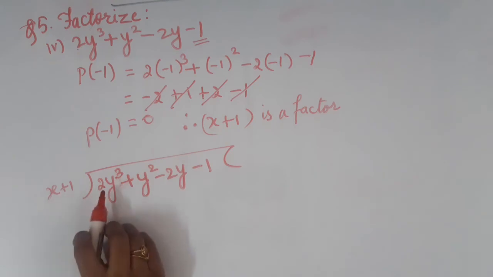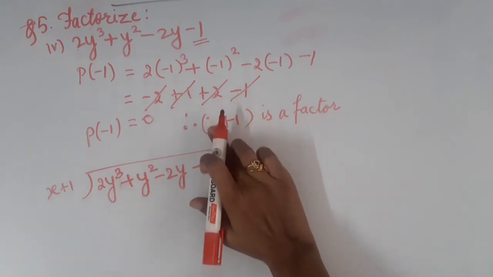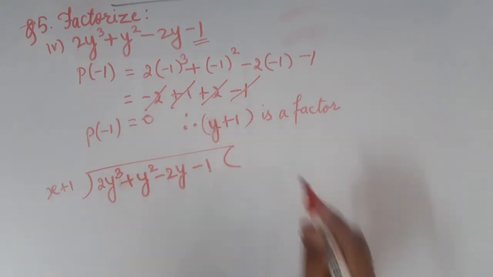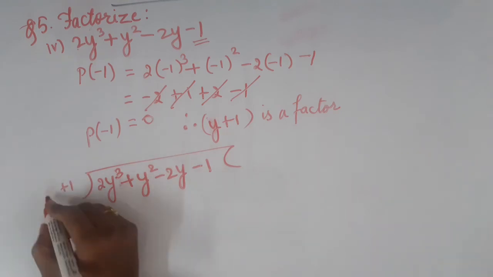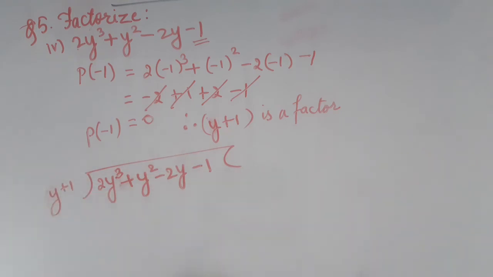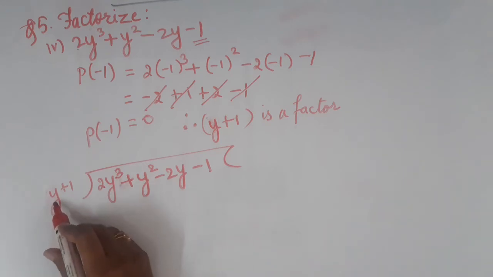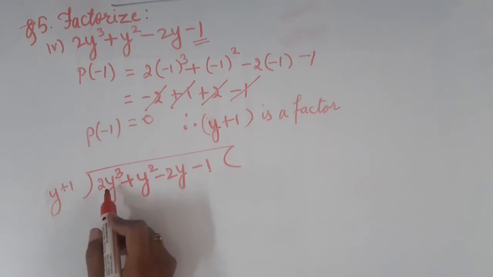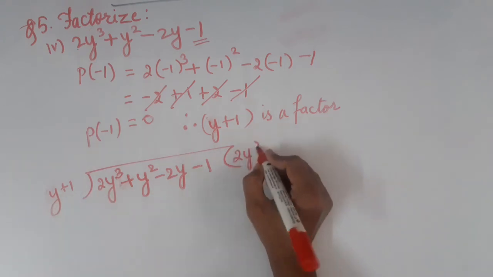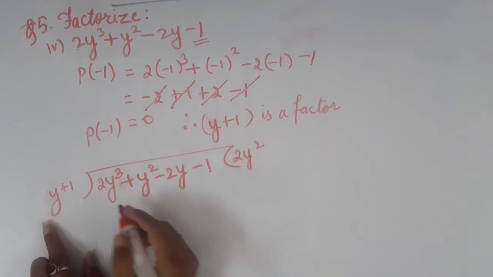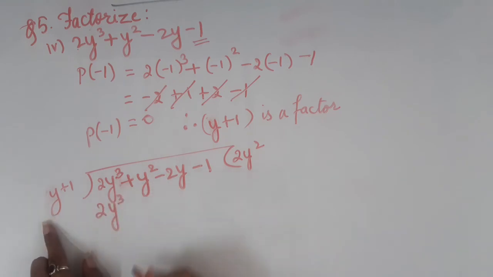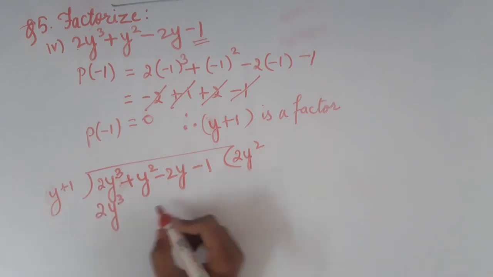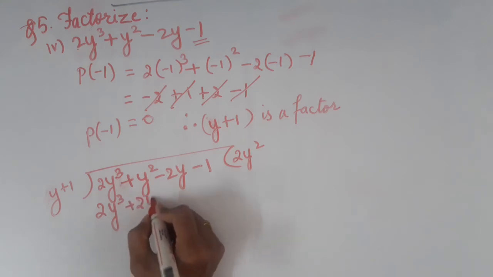Here also y plus 1, because your polynomial is in y. So with what should I multiply y to get 2y cube? With 2y square. Y into 2y square I'll get 2y cube. Then 1 into 2y square I'll get plus 2y square.